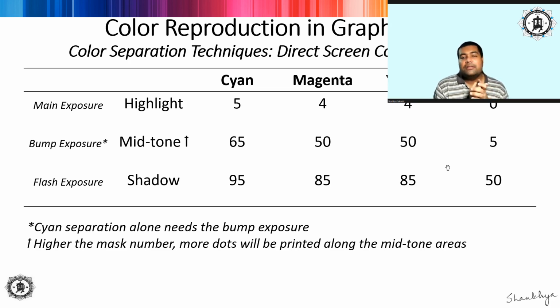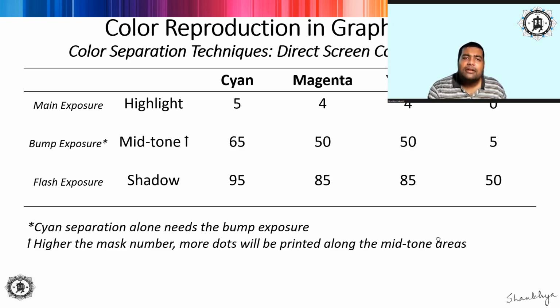Also, the mask contrast should be adjusted so that no bump exposure is needed in the magenta, yellow and black separation negatives. The cyan separation negatives will require a bump exposure. Gray balance is achieved by printing a heavier cyan than magenta and yellow. The bump exposure will be a percent of the main exposure and will remain a constant percentage once established.